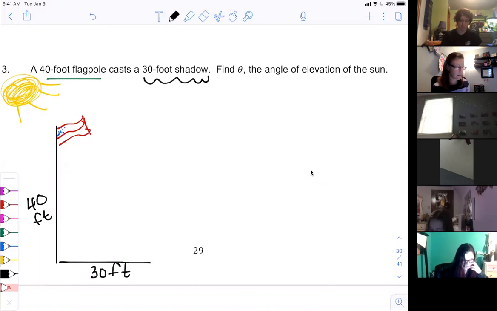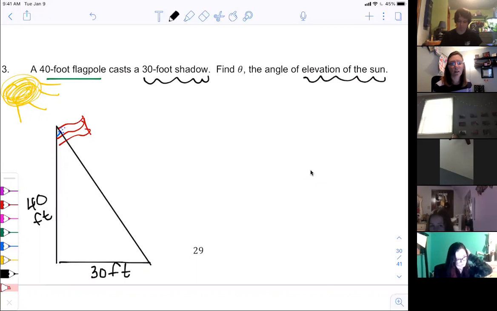It says find the angle of elevation of the sun. So I'm going to make a triangle, since trig is the study of triangles, and connect my 2 remaining sides together. The angle of elevation is the angle that will be looking up to the sun.